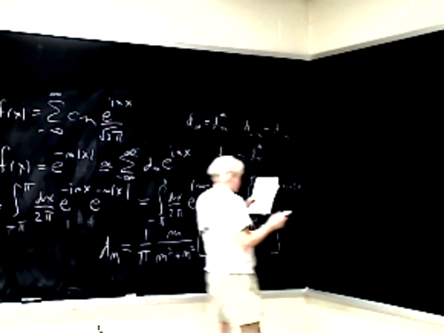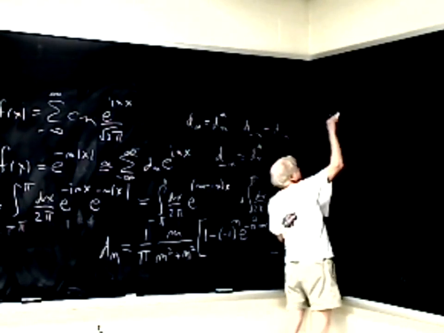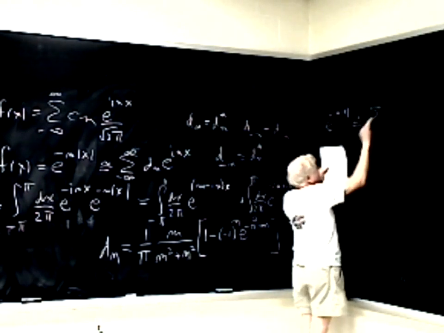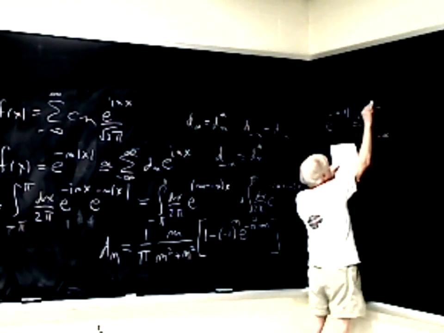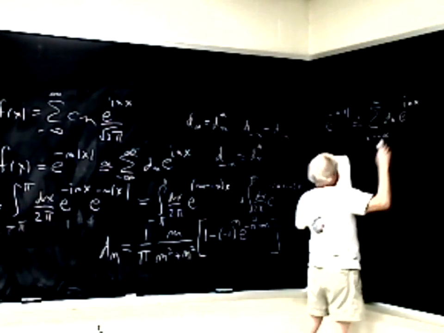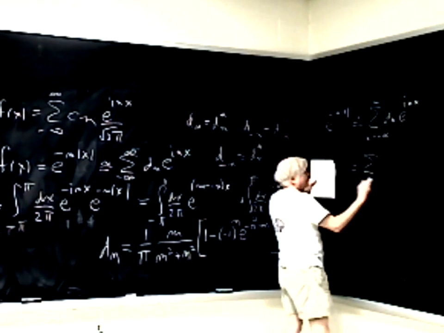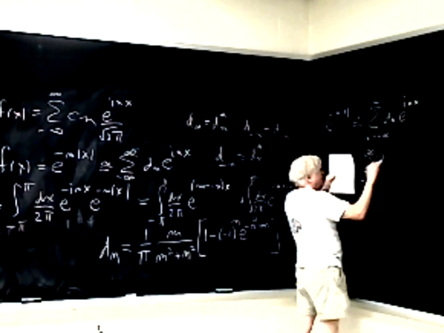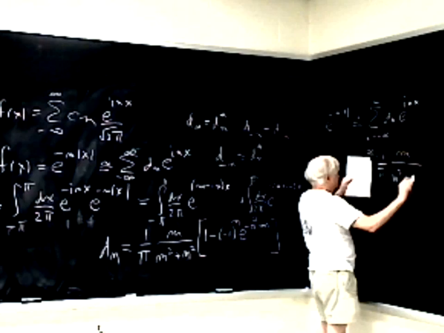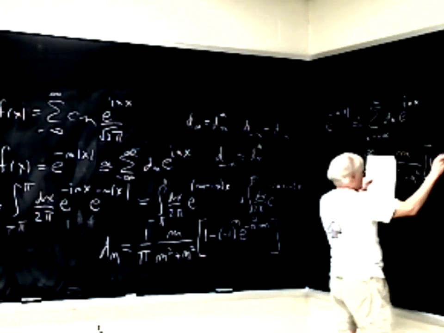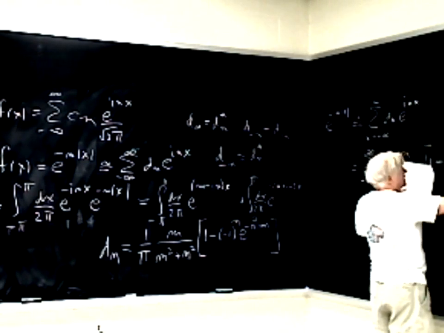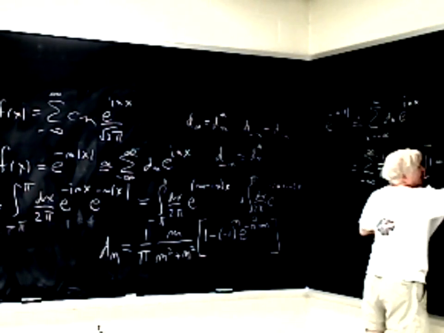And now the Fourier series is e to the minus m absolute value of x equals the sum from n equals minus infinity to plus infinity of d n e to the i n x, and that's the sum from minus infinity to plus infinity of 1 over pi m over m squared plus n squared times 1 minus minus 1 to the n e to the minus pi m e to the i n x.